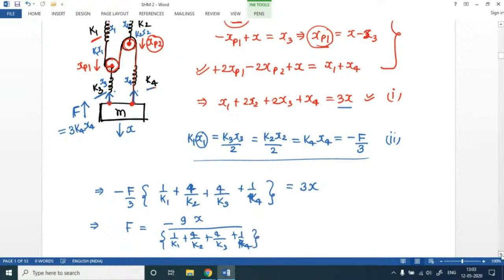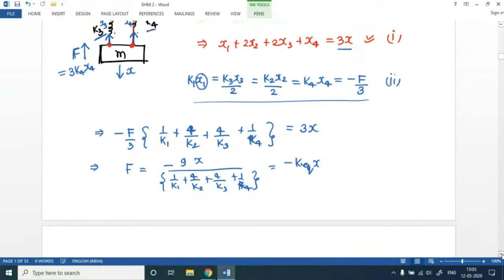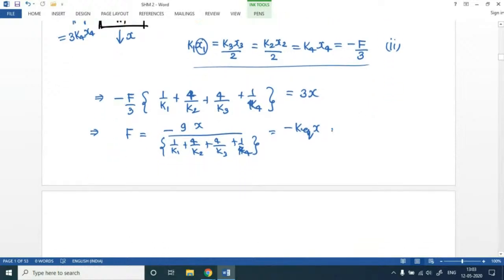So that is the form we were looking for, so you can convert it into something like minus k equivalent into x, where you should realize that 9 upon k equivalent is equal to 1 by k1 plus 4 by k2 plus 4 by k3 plus 1 by k4. And this way you can find out k equivalent.